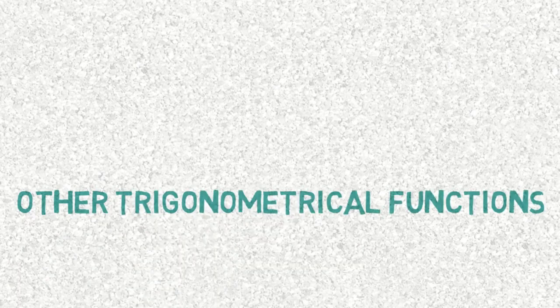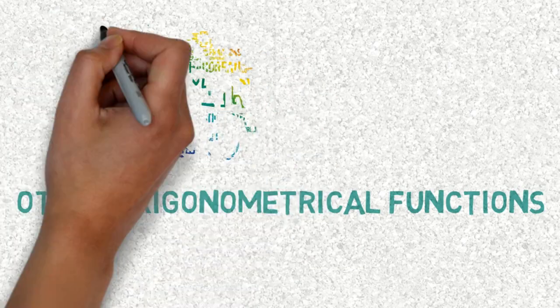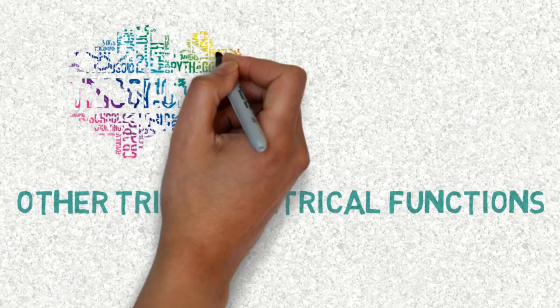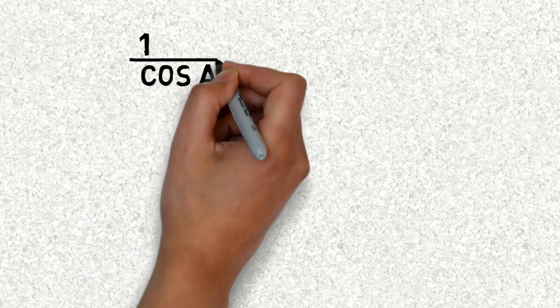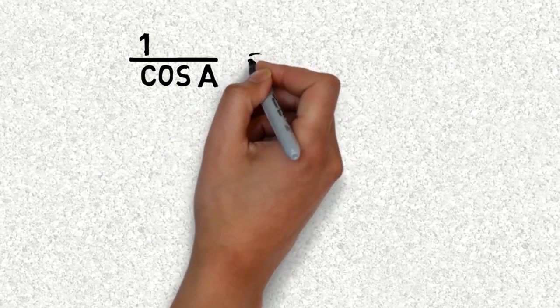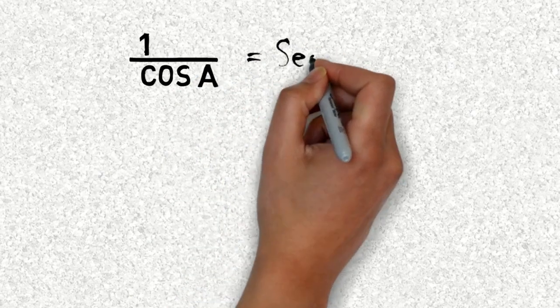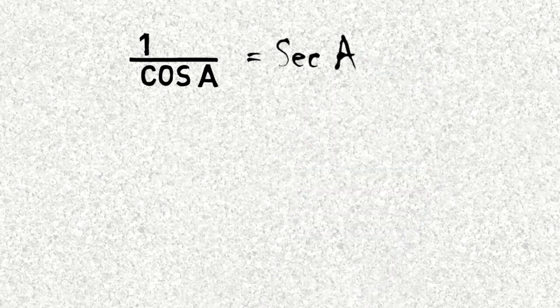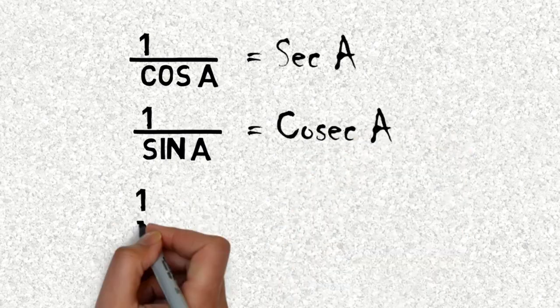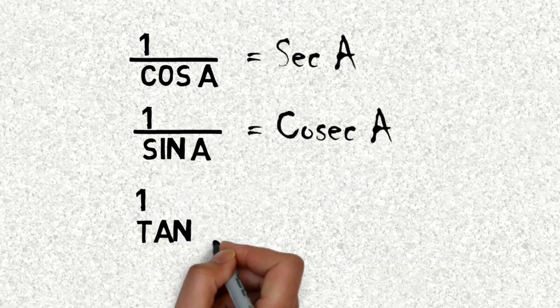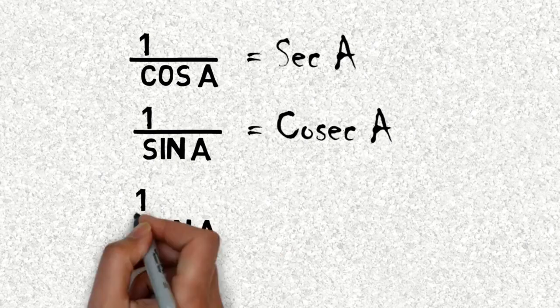Let's now move on to other trigonometrical functions. So let's say we have 1 by cos A, like you can see on the screen. This is equal to another trigonometric function called sec A. Let's say we have 1 by sine A. This will give you cosec A. 1 by tan A will give you cotangent A. So these are some other functions.